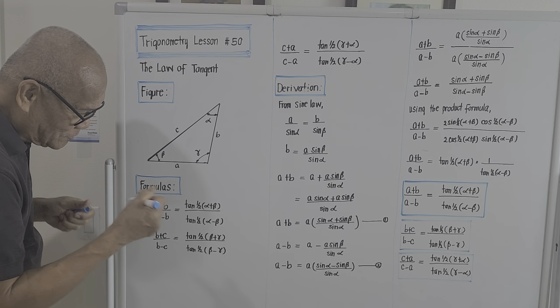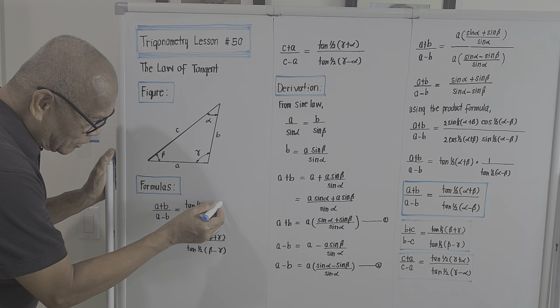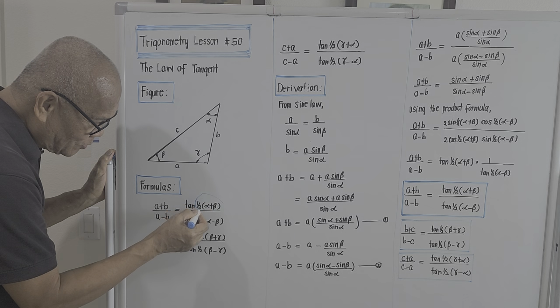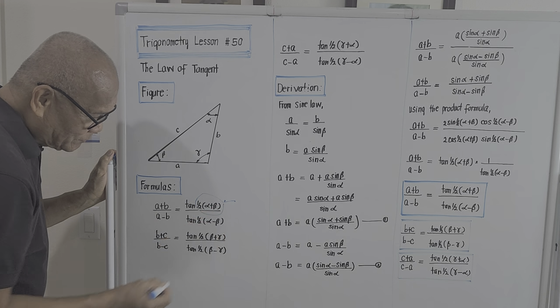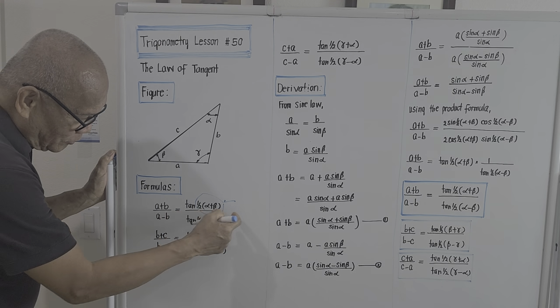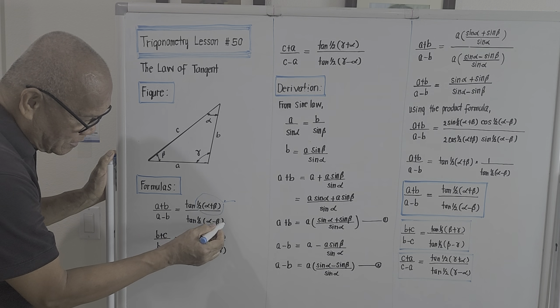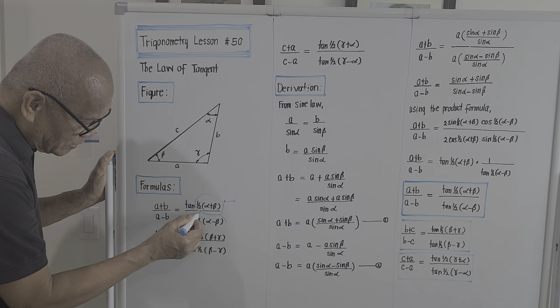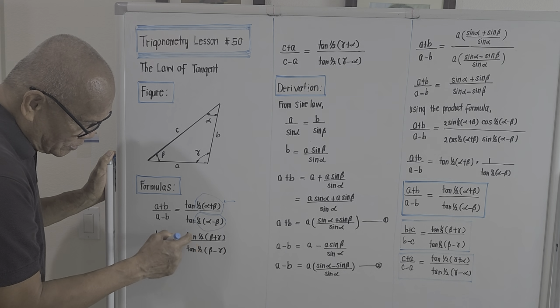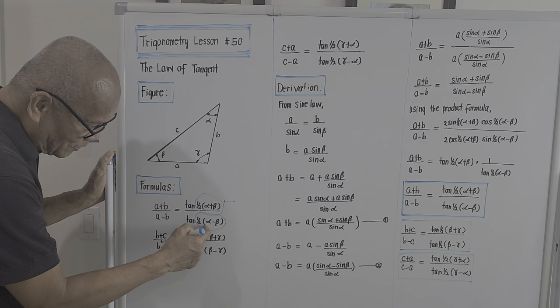That's the meaning of this. The total angle here is actually 1/2 of alpha plus beta. And this is all over tangent of 1/2 of alpha minus beta. Again, the total angle on the denominator is 1/2 of the quantity alpha minus beta.